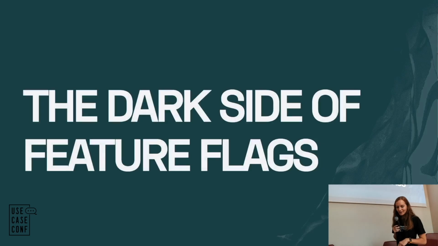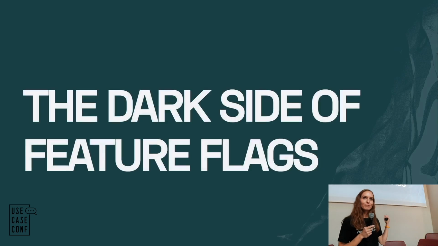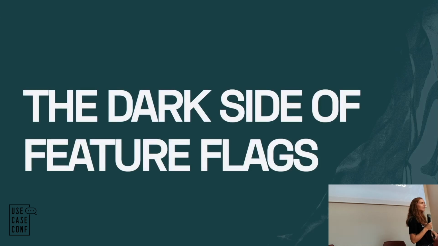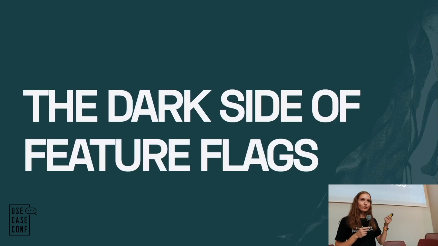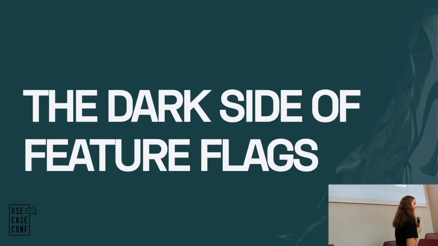And of course, I couldn't let you go today without talking about the dark side of feature flags. It's definitely not all sunshine and rainbows, because when you start using them at scale and you have a lot of them in your code, they can really clutter your code base. So you need to find a way to be disciplined about them and clean them up.